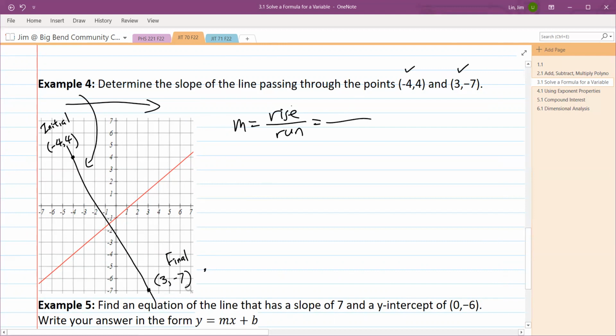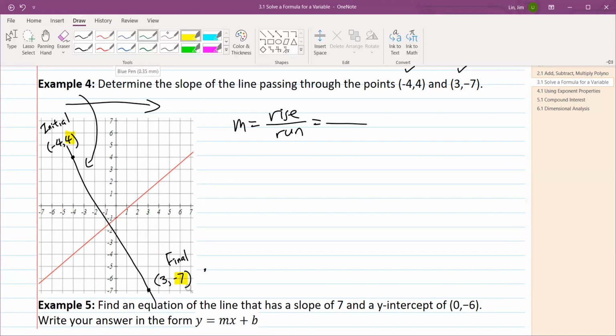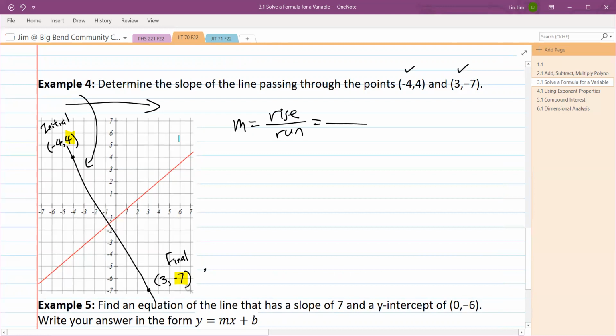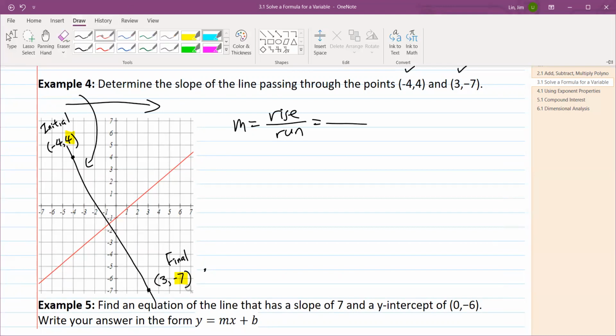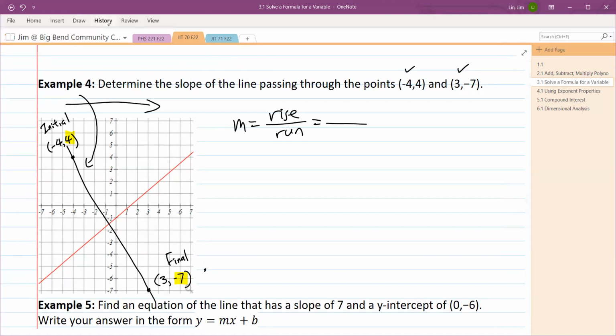So for the rise, we subtract the 2 y values, final minus initial, which is this one and that one. That would be -7 minus +4.